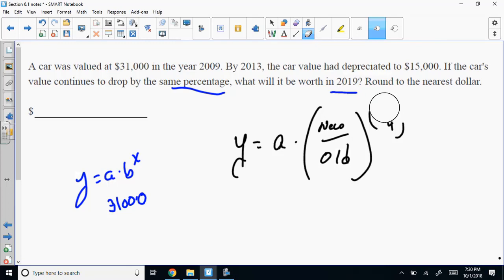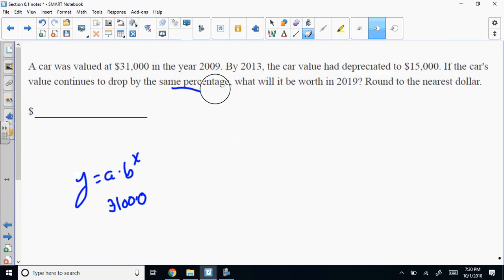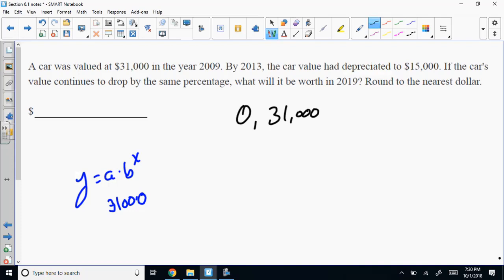Let's do this. We'll just do what we done just a while ago. 4 is what? Can we write an equation that way? Yay or nay?